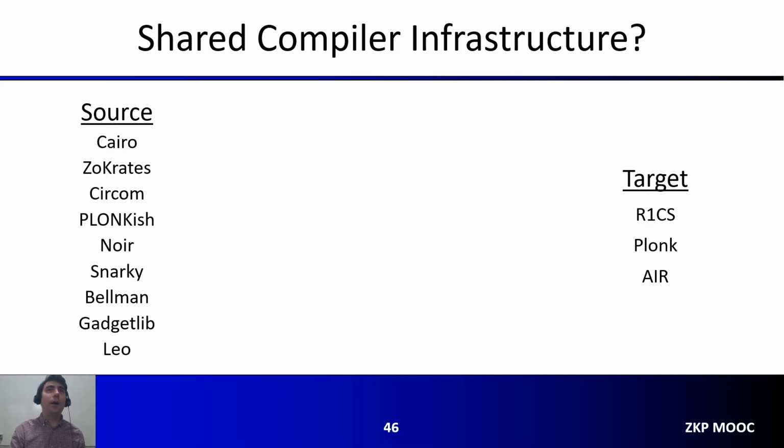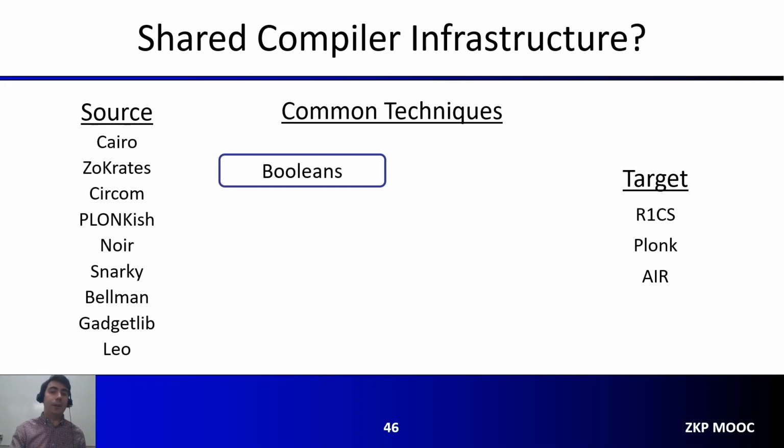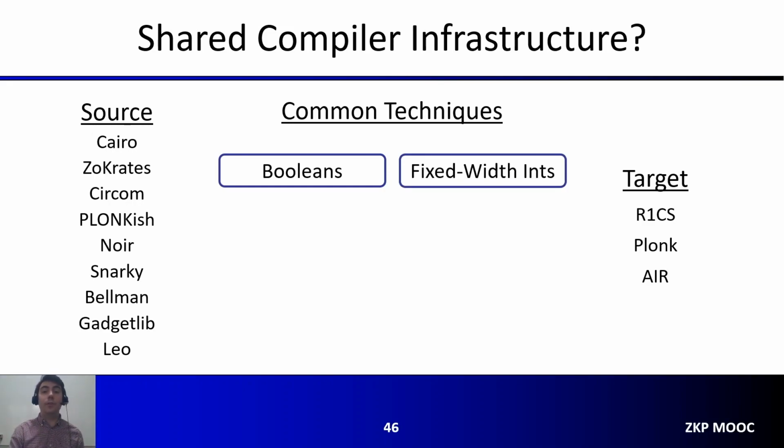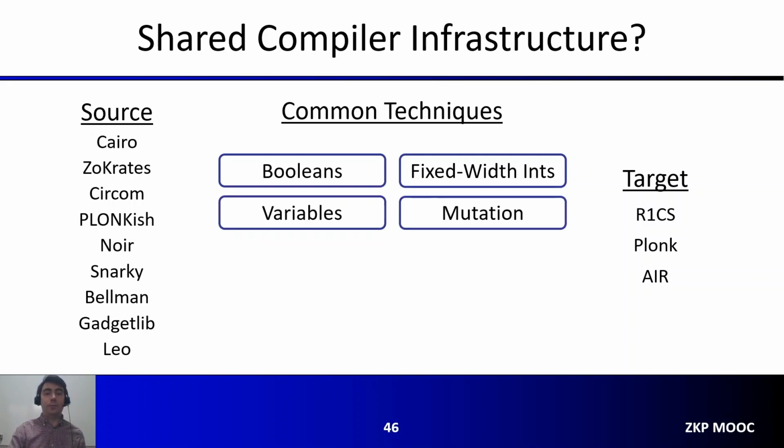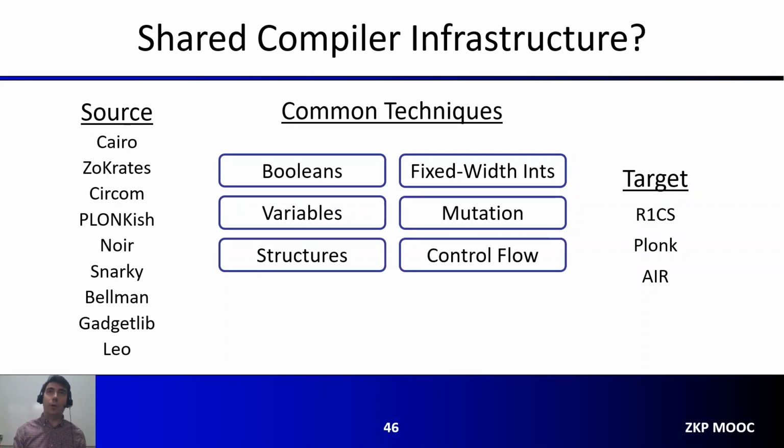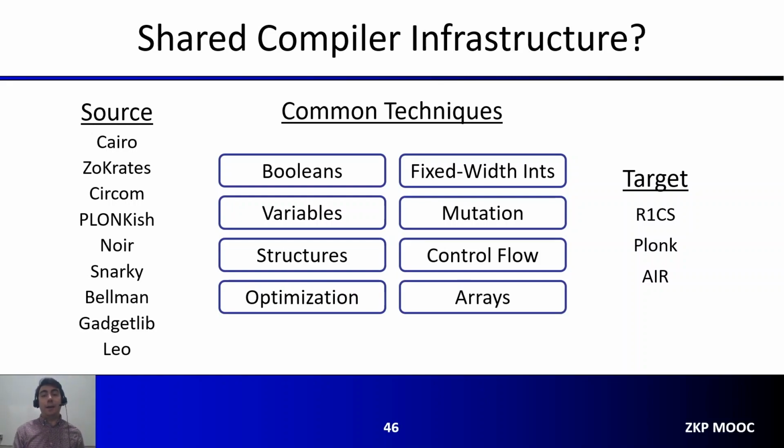And that means that there are lots of common techniques that the libraries and the compilers for the PLs share. These techniques include techniques for representing booleans and operations over them, techniques for representing fixed width integers, techniques for encoding variable semantics such as mutation, techniques for encoding user-defined structures, techniques for encoding control flow, techniques for optimizing circuits, and techniques for representing interactions with arrays.